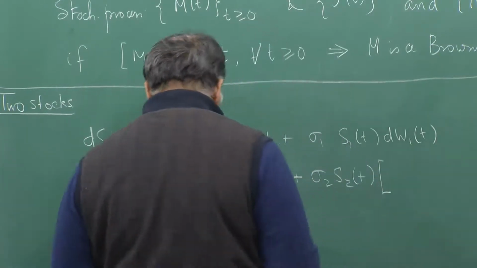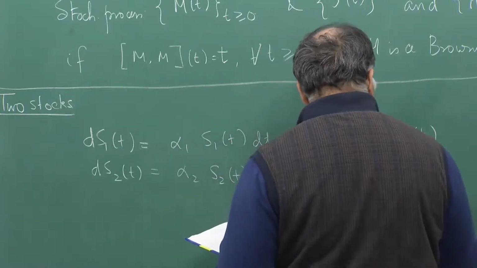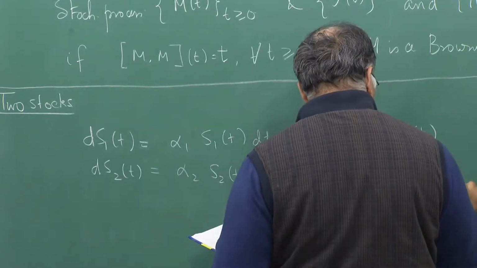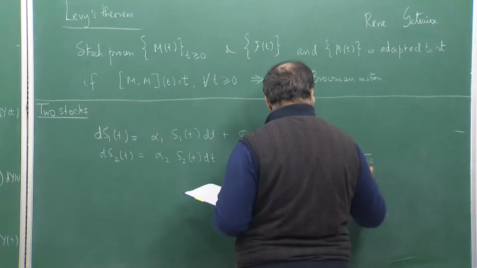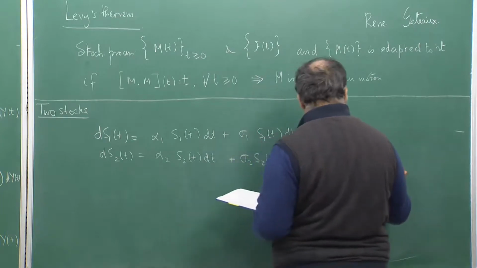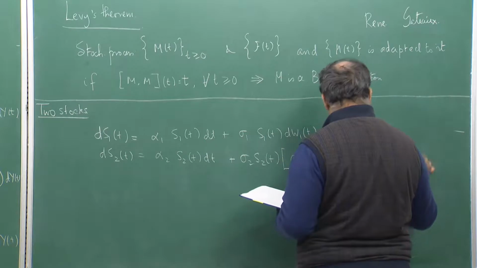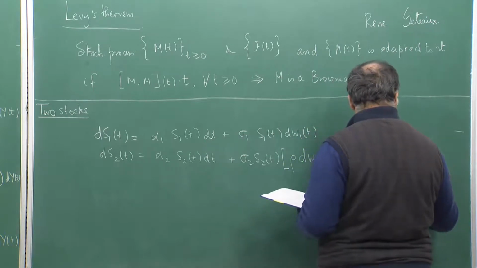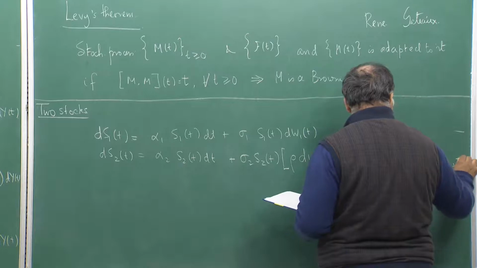The second one depends not only on one Brownian motion, but of course, this 1 minus rho square has to be positive. So, rho has to lie between minus 1 and plus 1, with rho in minus 1 plus 1.